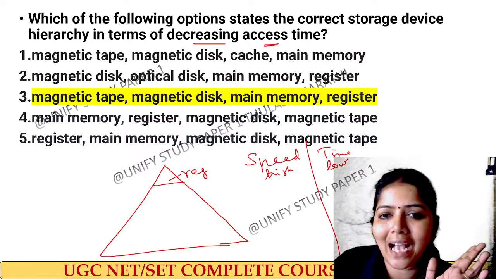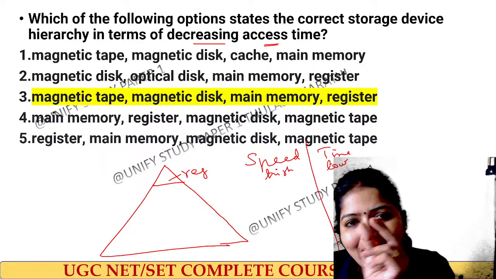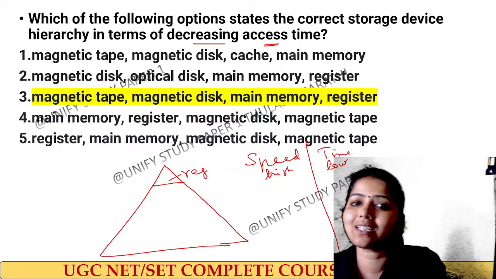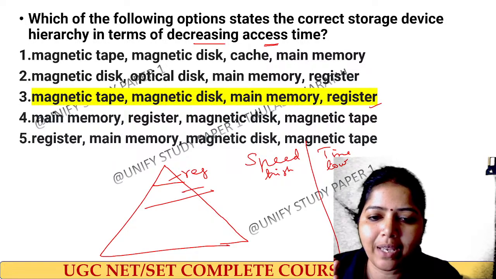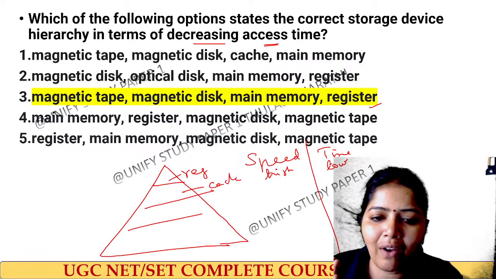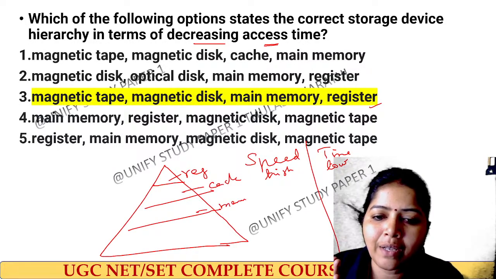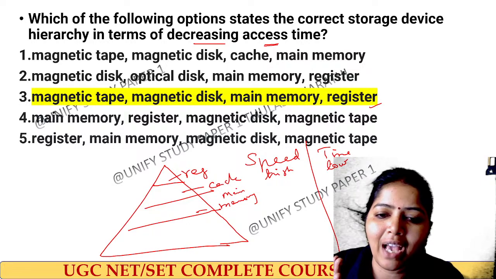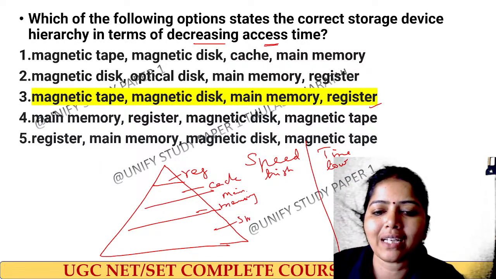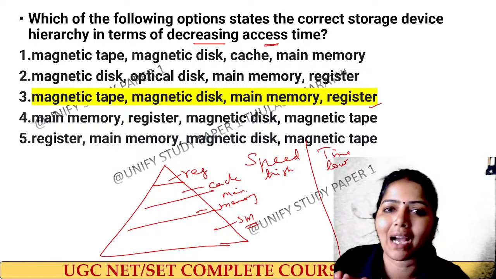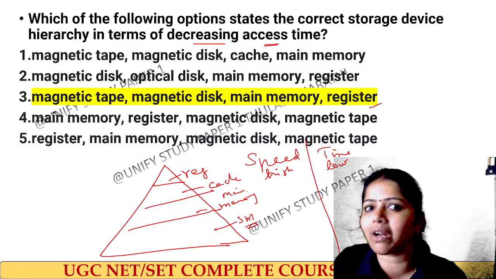So decreasing access time means the one which has the lowest access time comes first, that is the register. That is for sure. Then we have the cache memory here, and then the main memory here. In the main memory we have the RAM and ROM. Next we have the secondary memory. In terms of secondary memory we have the magnetic disk, hard disk and all, right?